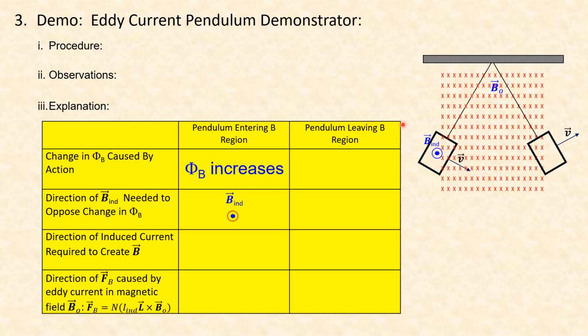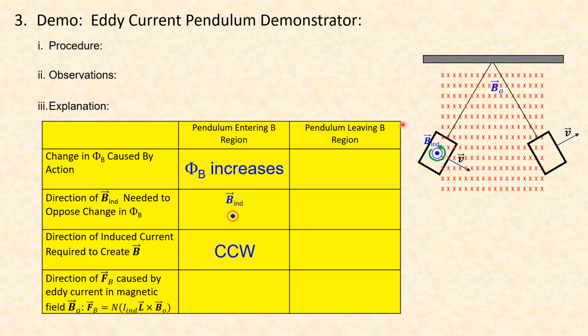And this induced magnetic field is caused by an induced current, which, using the right-hand rule, would be in a counterclockwise direction.